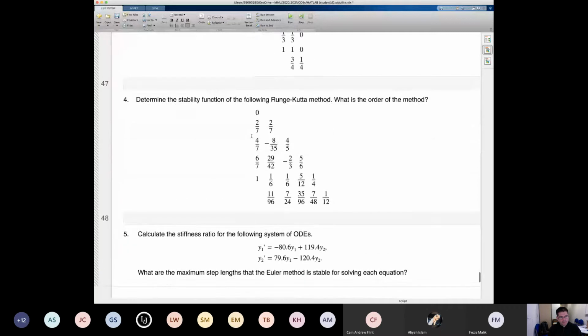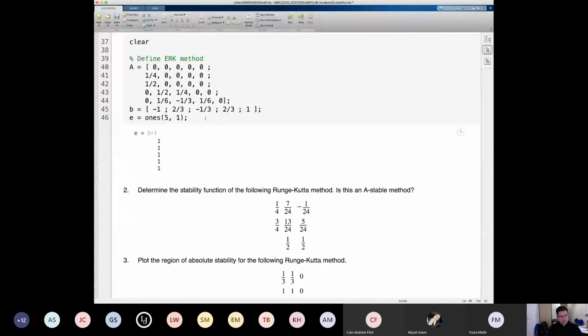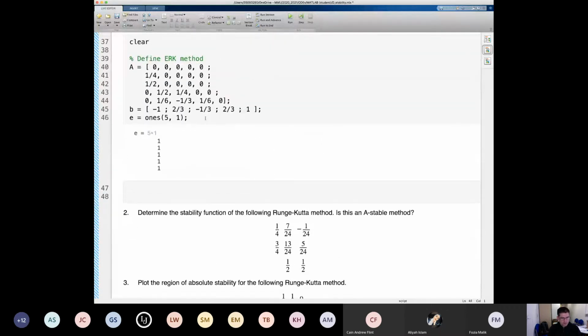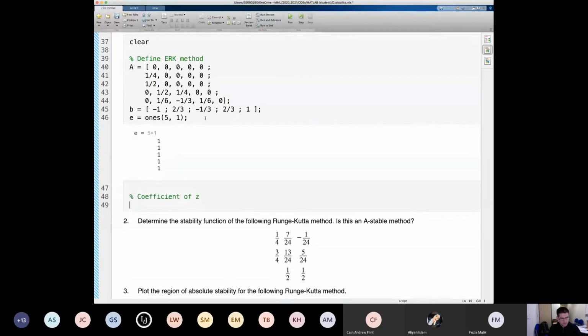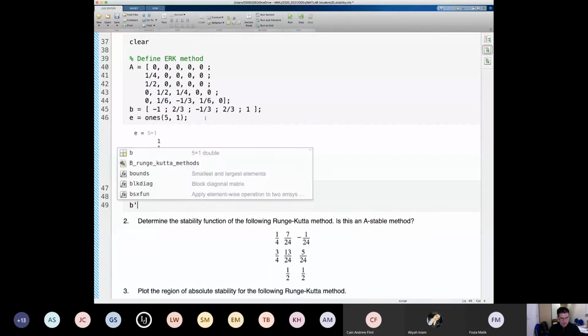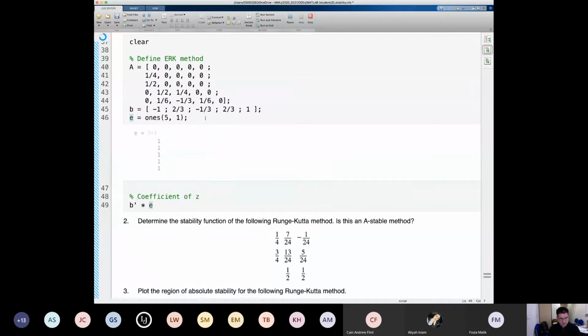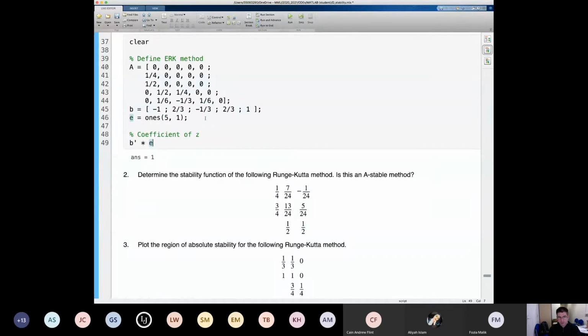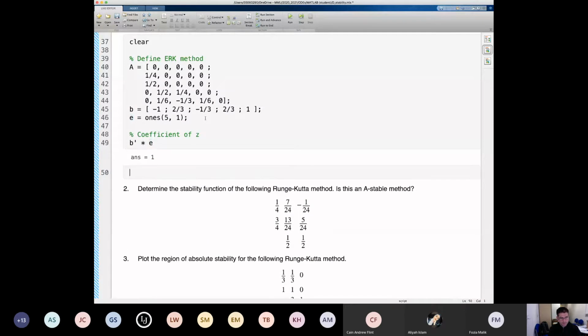If I look at the coefficient of z, that was just B transpose times E, which is essentially summing all the values of B transpose.